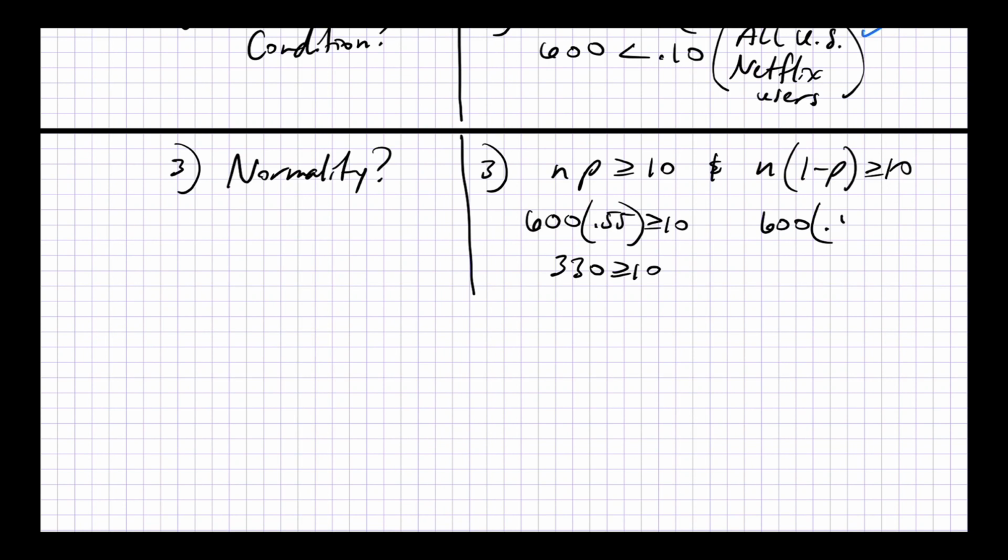And then 600 times 0.45 is the rest, so it's 270. We're good there.